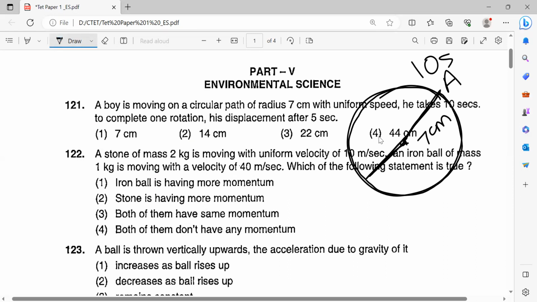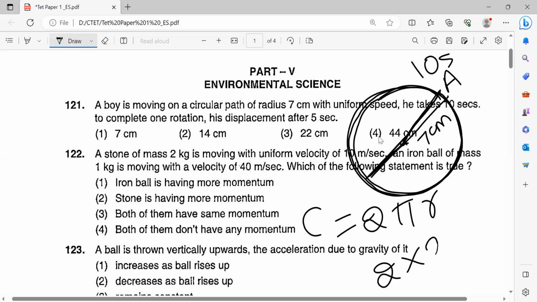Instead of considering the whole circumference formula, we can consider the circumference of a semicircle. Otherwise, if you consider the circumference of a circle, C is equal to 2 pi R. So 2 pi means 22 by 7, and R is 7 itself.